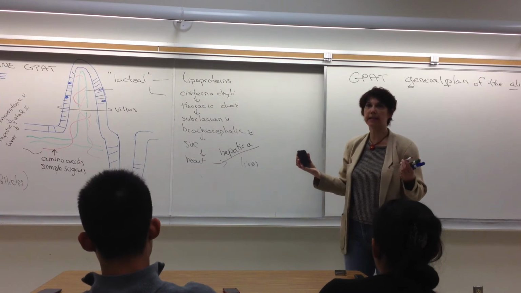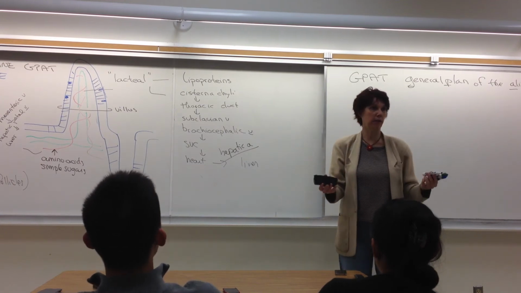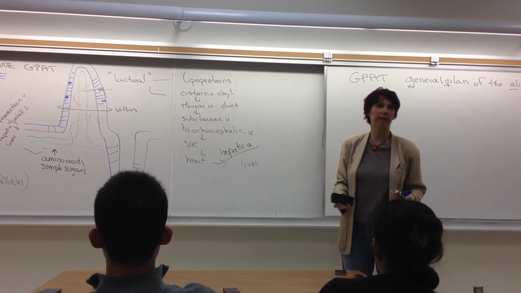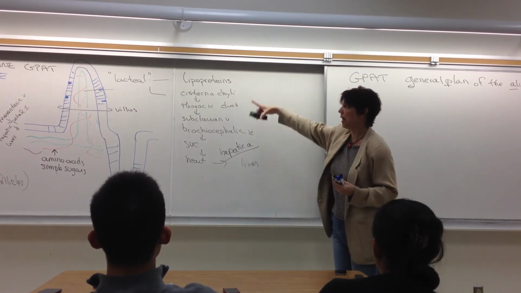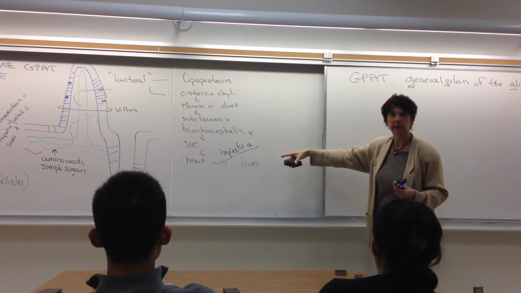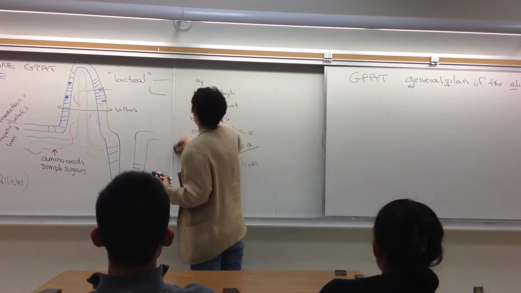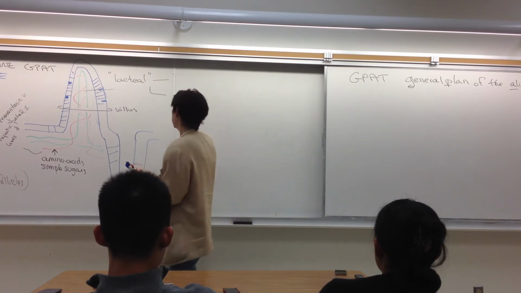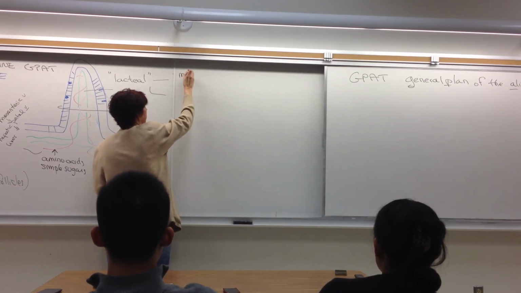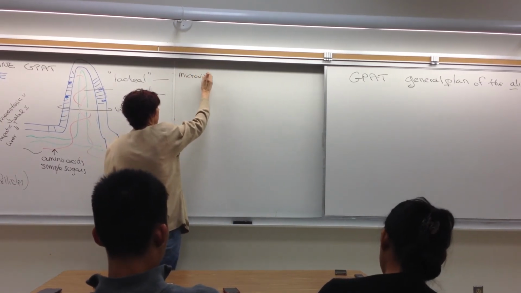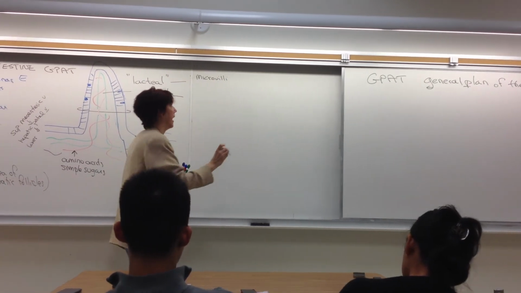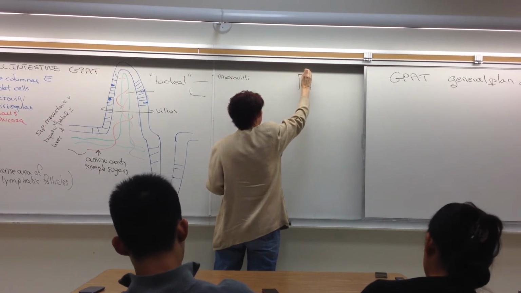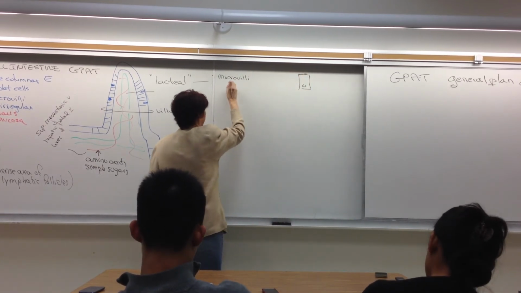Surface area is about the size of a tennis court, two full tennis courts, with all of the membrane folds. May I erase this list of vessels here? So the folds occur at 3 levels. The smallest folds are microvilli. Okay, those are folds of plasma membrane.